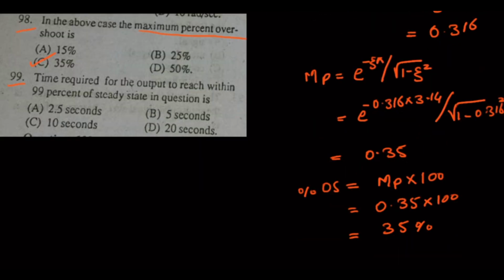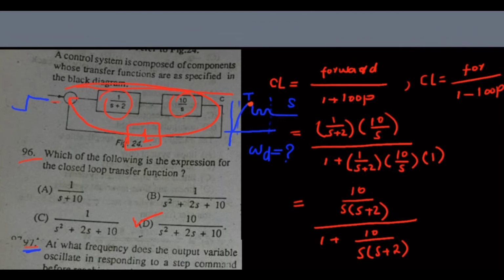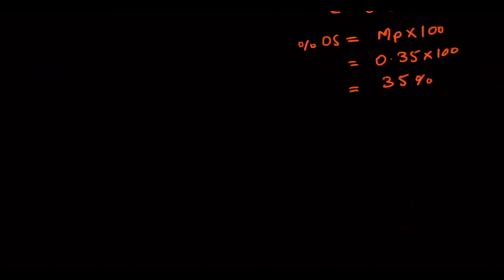In question 99, it is required to find the time required for the output to reach within 99% of the steady state. The time at which the response reaches 99%, this time is called settling time. The relation for settling time is 4 divided by sigma, where sigma is equal to zeta omega n.